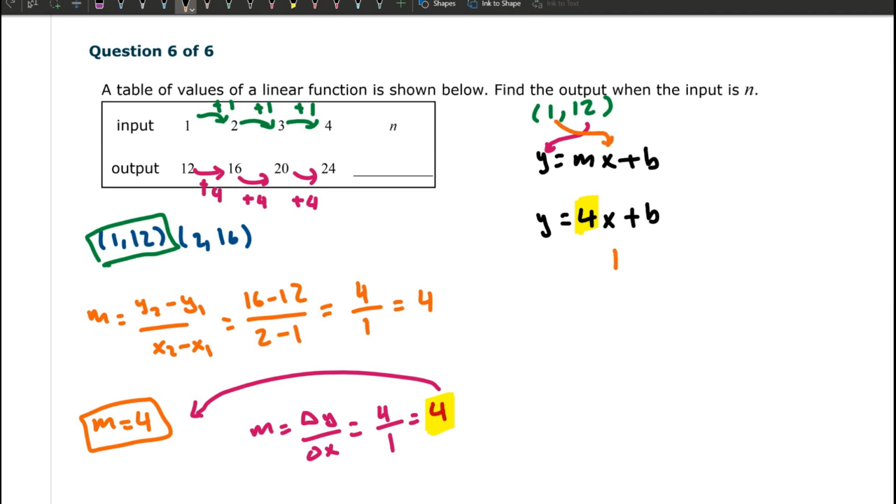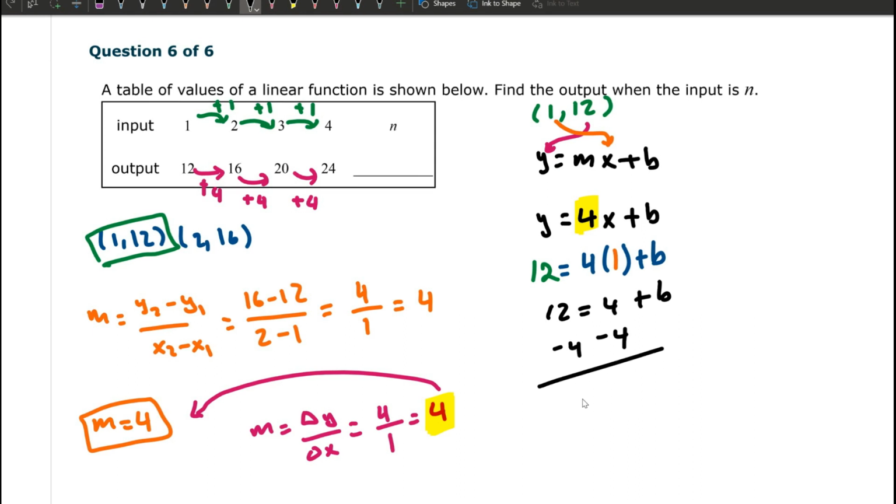So that will be 1 for x and 12 for y. Then we keep the rest: 4 times 1 plus b. 4 times 1 is 4, so 12 equal to 4 plus b. To solve for b, you subtract 4 from both sides. So that will give us 8 equal to b.